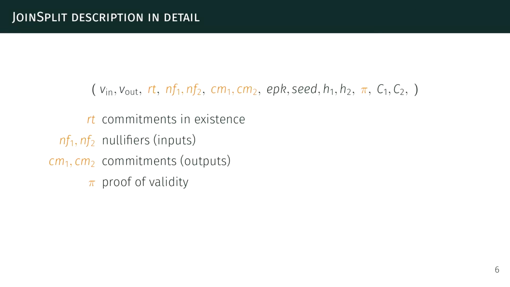So this is what the join split looks like in less of a picturesque form, more of a formal form. This is actually from the paper with slight adaptations for readability. You can see there are a number of values. We're not interested in most of them, but you can see the two nullifiers here for the input coins, and you see the commitments for the output coins, and then you see a value called RT.